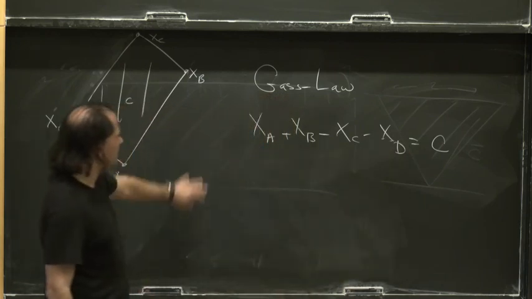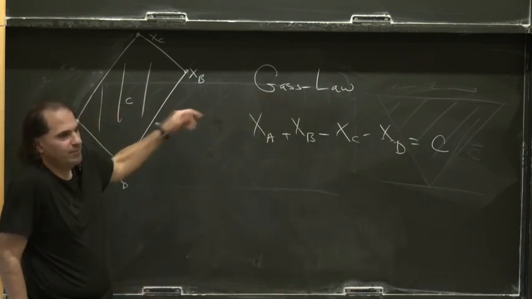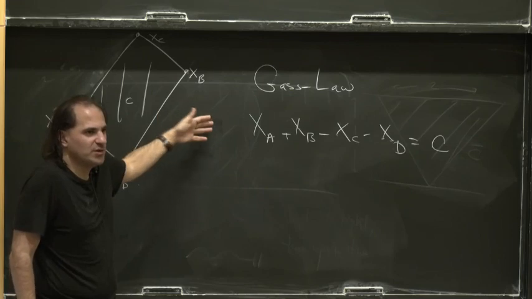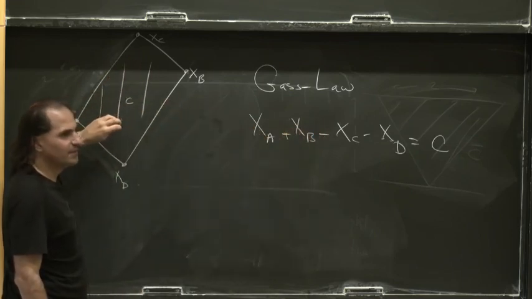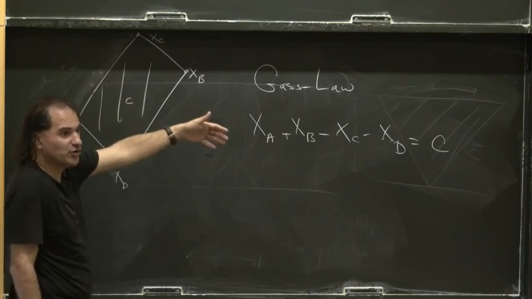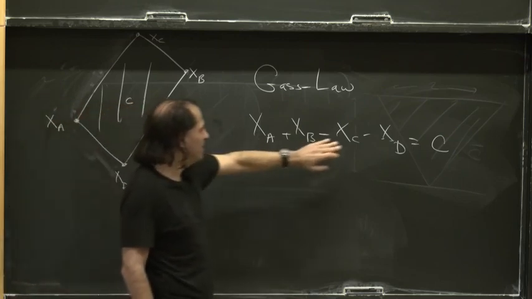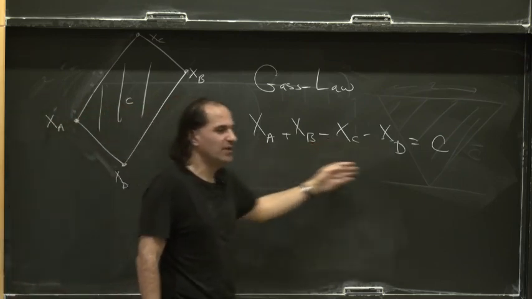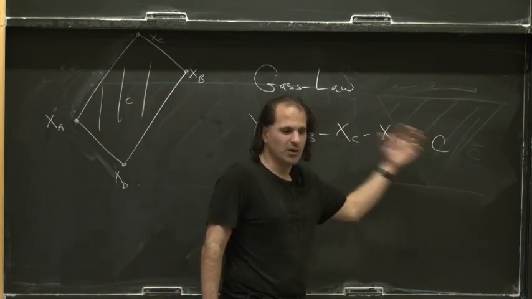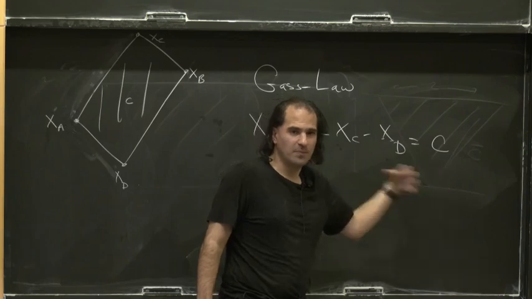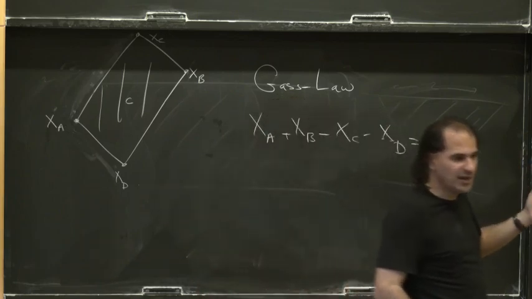In fact, you can think of this Gauss law as the fundamental integral equation, the fundamental fact. If you squeeze the diamond to zero size, then the Gauss law turns into the wave equation, right? Because exactly X_A plus X_B minus X_C minus X_D is the ∂u∂v derivative. So I get ∂u∂v X equals c, just like you were used to in going from the integral to the differential form of the Gauss law in electrodynamics.